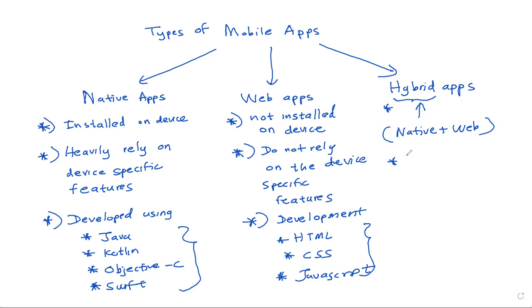We can use it using the web browser itself. We can decide whether we install it on the device or not. Installation is not necessary, although you can also install it. So basically, you can access the app via the web browser.